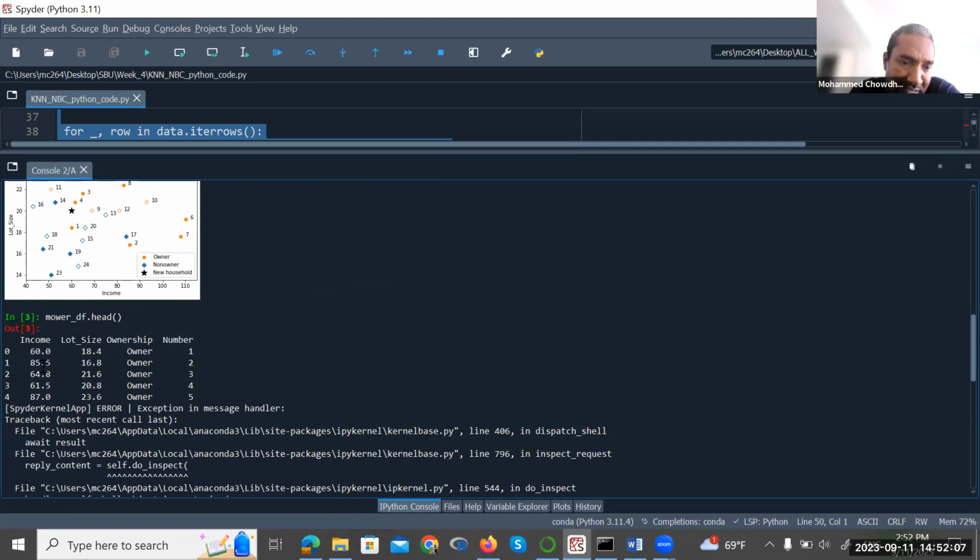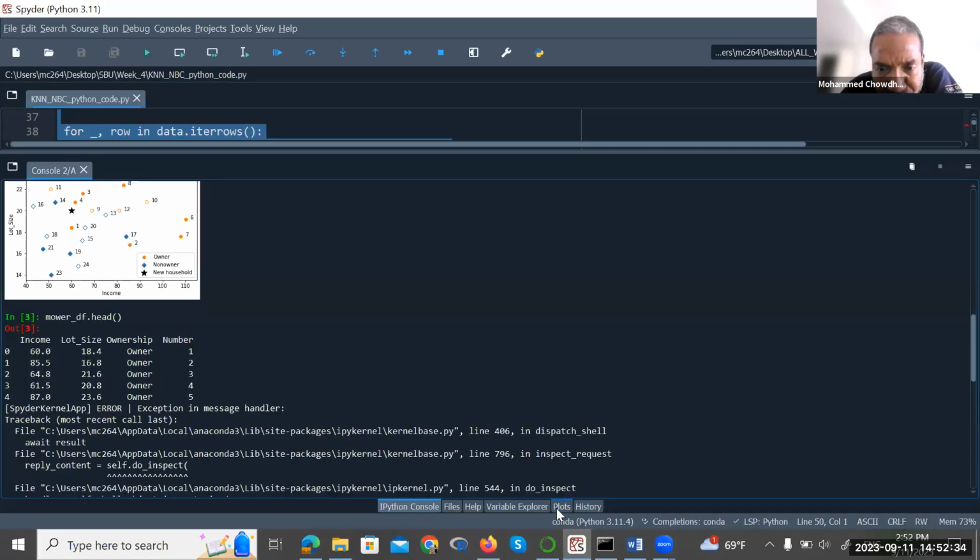The income is 60,000 and his home lot size is 18.2. Another income is 87,000, and his lot size is 23.6. Income and lot size are our predictors, and ownership, whether the owner of a home owns a lawn mower or not, is what we want to predict.